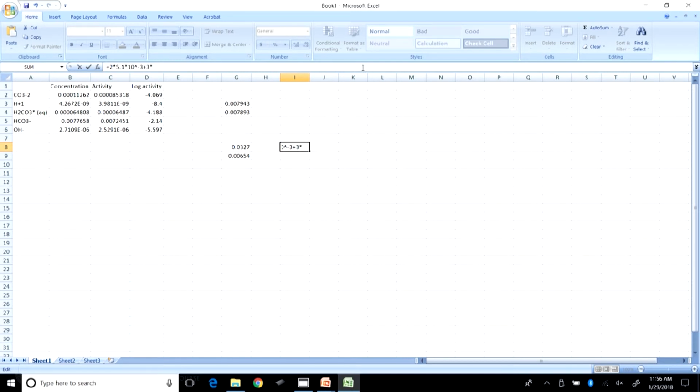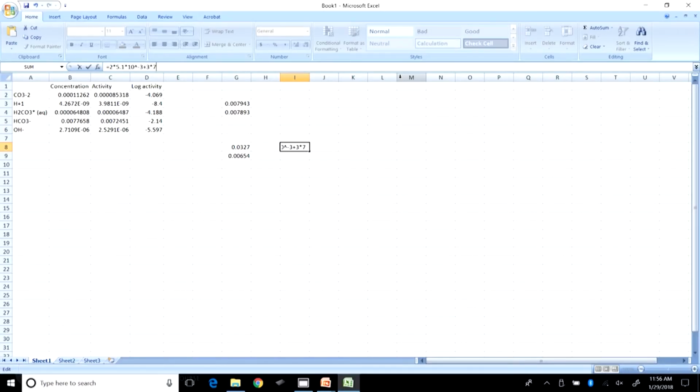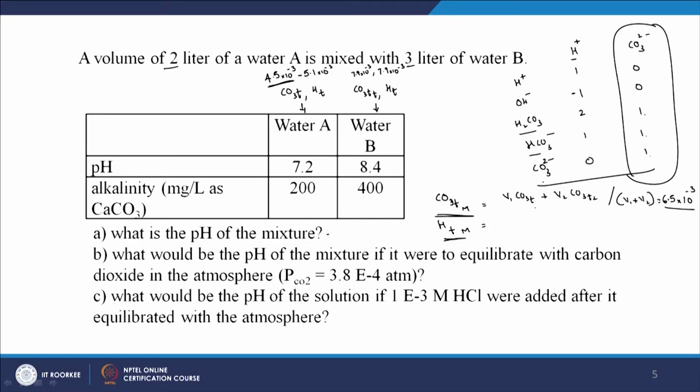Let us check the value of H total here, that is equal to 7.9 into 10 power minus 3, and enter. Now we divide it by V1 plus V2, this cell divided by 5, that is equal to 6.8 into 10 power minus 3 approximately. So, let us note that down, 6.8 into 10 power minus 3.